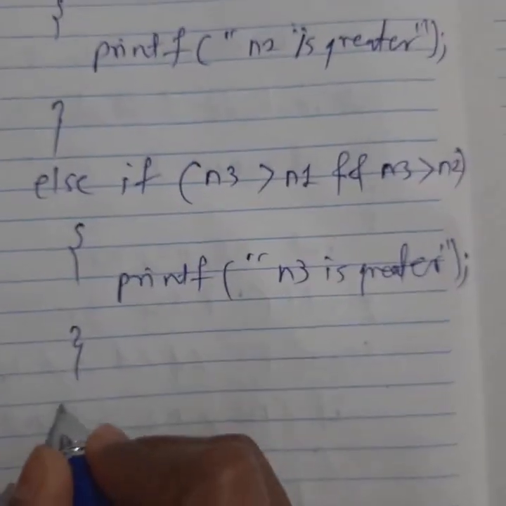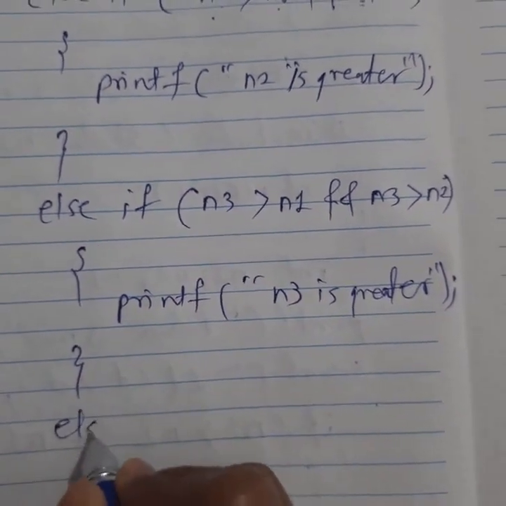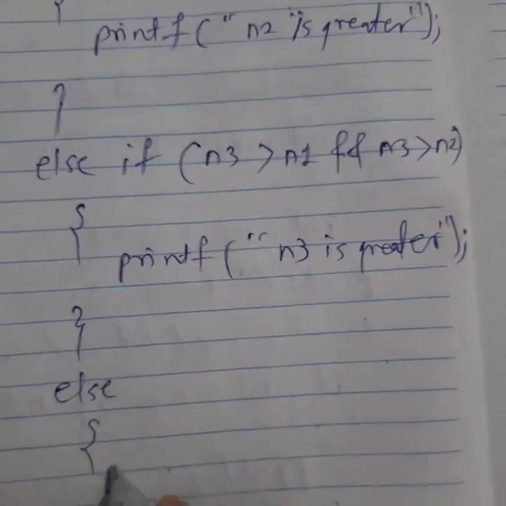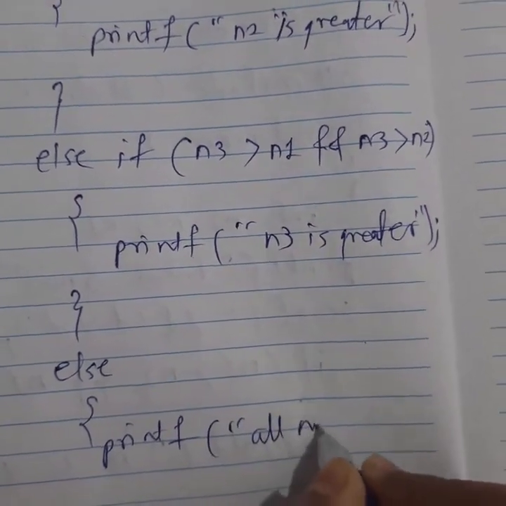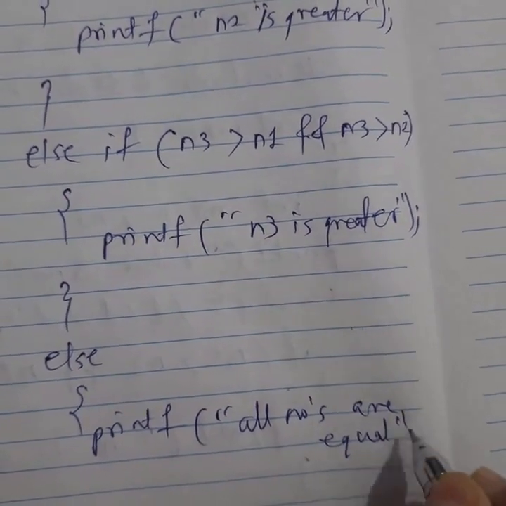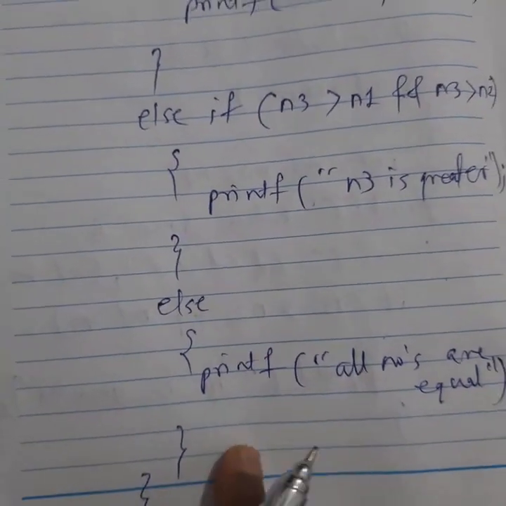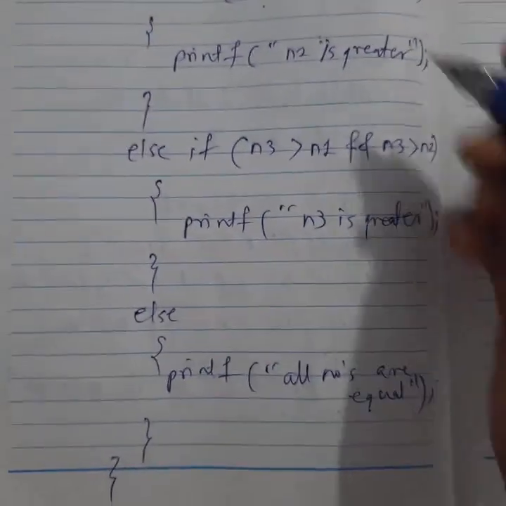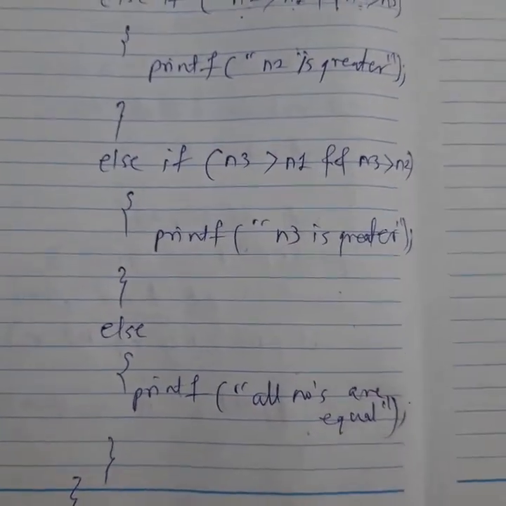Only one condition remains, else, with a printf statement, all numbers are equal. The closing bracket of void main will come here. You understood this program manually better. I will explain it in practical also.